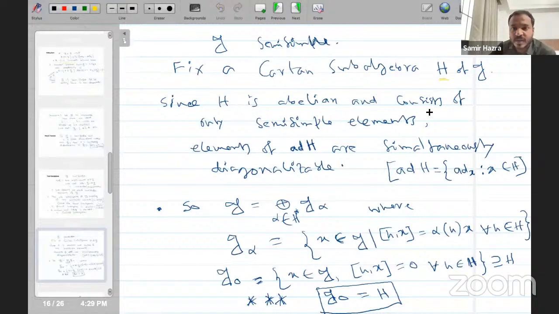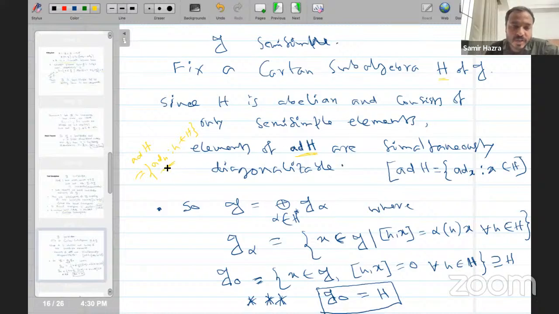So since H is abelian and consists of only semi-simple elements, by our linear algebra result, all these maps ad h, with h belonging to H, commute with each other, because H is abelian.